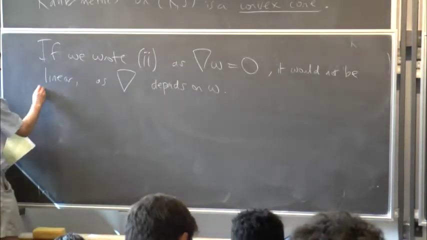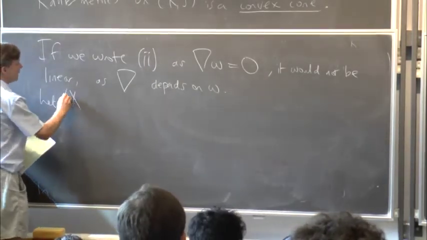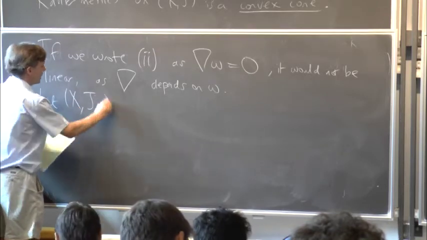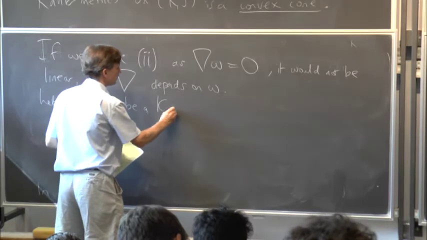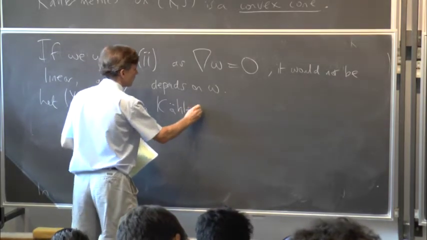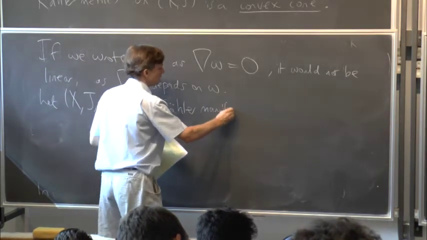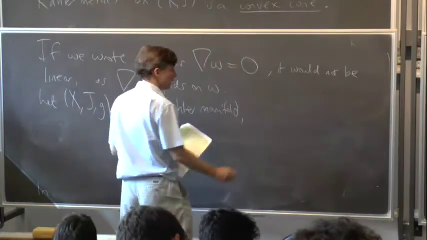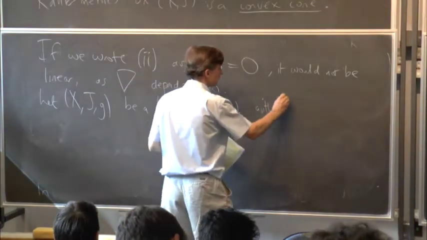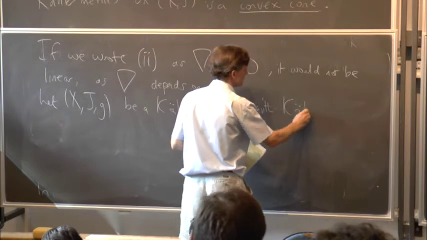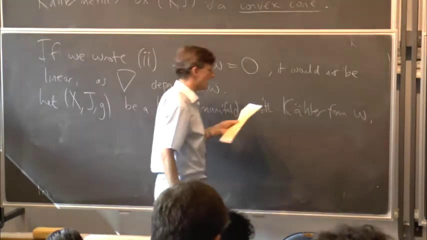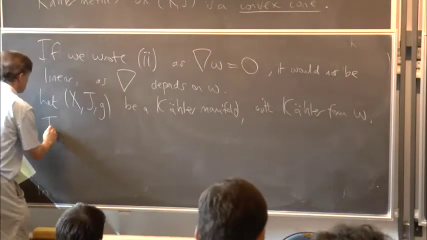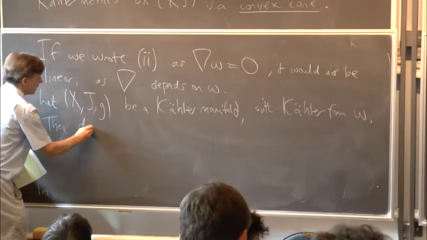Next, well, if we let X and J and g be a Kähler manifold with Kähler form omega. So then, well, dω equals 0.